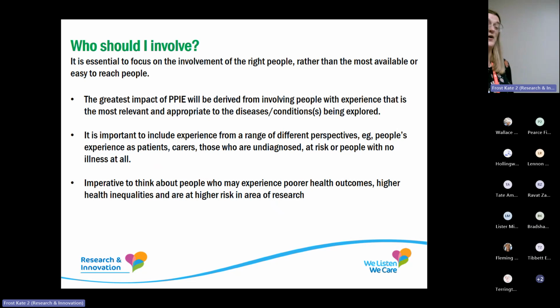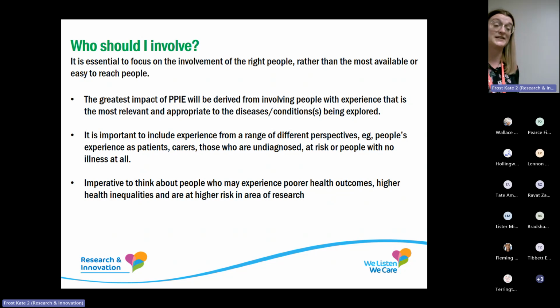And I have mentioned this before, I'm going to mention it again after this slide, but it's imperative to ensure we're involving people who may experience poorer health outcomes, or health inequalities currently. The reason people would be experiencing health inequalities now is because we've conducted research in the past that maybe hasn't included them and hasn't involved a representative sample of the patient population.